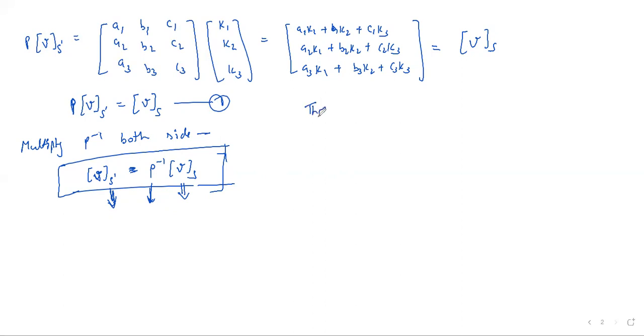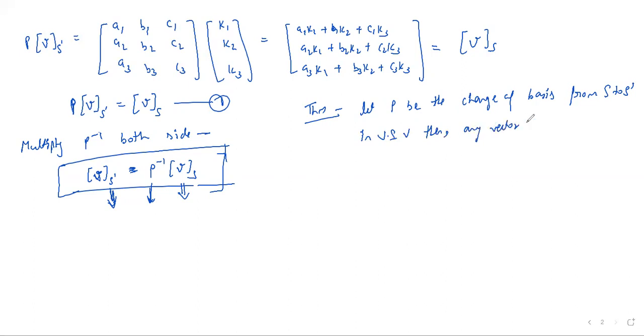You can write it as a theorem: let P be the change of basis from S to S dash in vector space V. Then for any vector v which belongs to this vector space, we can find the coordinates of the vector relative to our new basis by multiplying P inverse by the coordinates relative to the old basis.